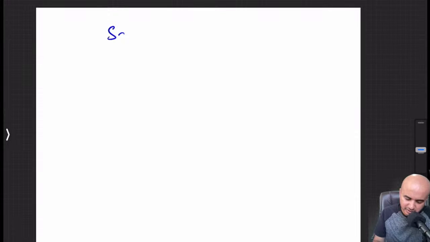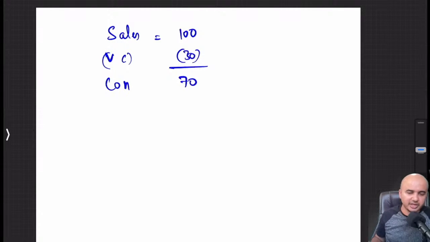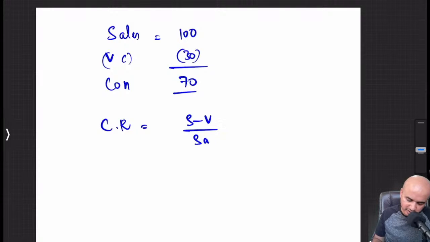So if I have to rewrite it, let's say my sales or selling price is 100 and the variable cost which I have to deduct is 30. So my contribution will be 70. Contribution ratio is nothing but sales minus variable cost divided by sales into 100.